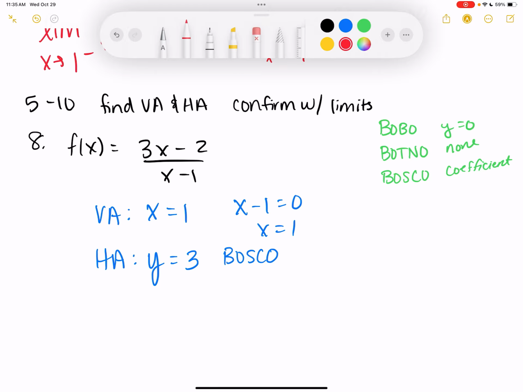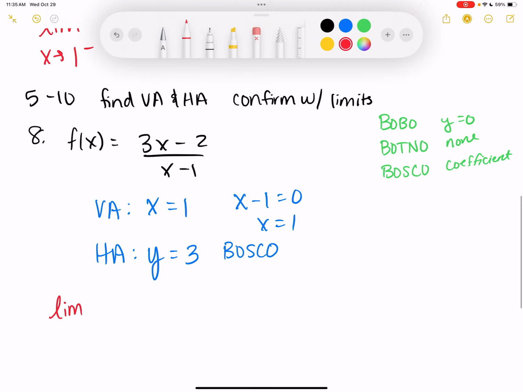So the limit as x approaches 1 from the left of f of x would be equal to what? Okay, so we would want to plug in like 0.9999 for x.